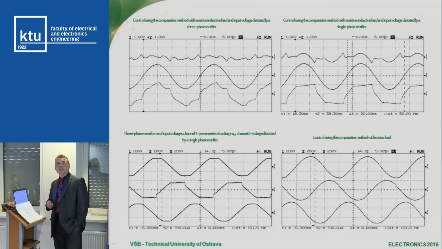And the voltage distorted by a single-phase rectifier, and this is the input voltage and output voltage. Here it shows some asymmetry, and each phase distorts the other, and here we can see the output voltage from the serial active power filter.